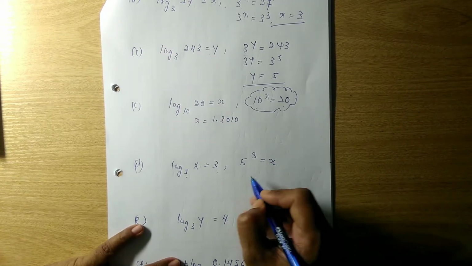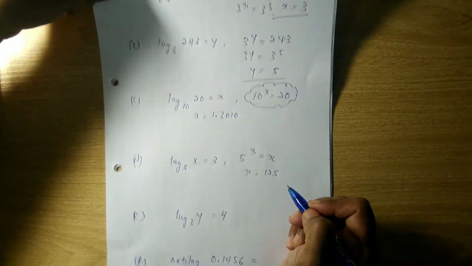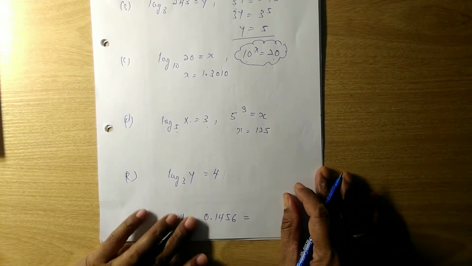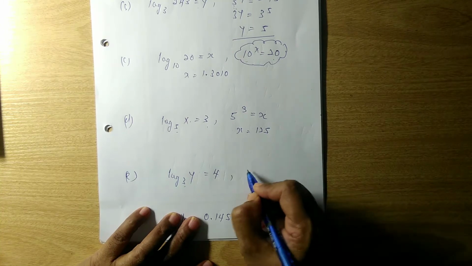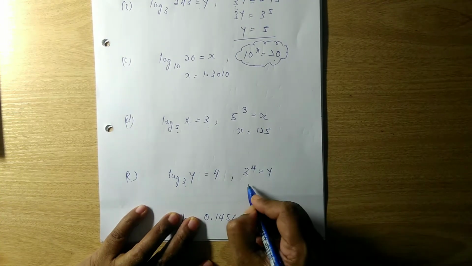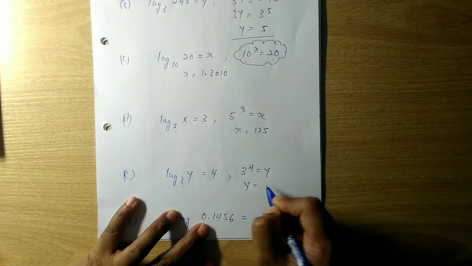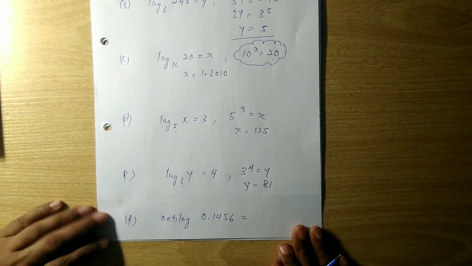So 5 to the power of 3 means x equals 125. This one, log y base 3 equals 4. So 3 to the power of 4 equals y. So y becomes 81.